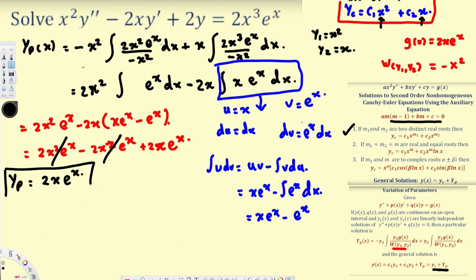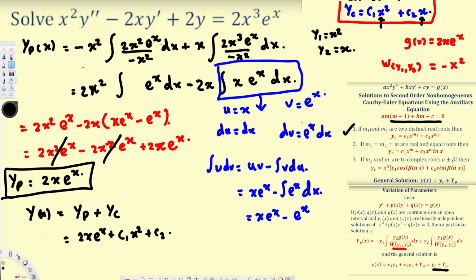Now we have the particular solution, and here we have the complementary solution. So the general solution for this differential equation is going to be y of x is equal to yp plus yc, and the particular solution we found is 2x e power x, plus the complementary solution we found, that is c1x square plus c2x, right?